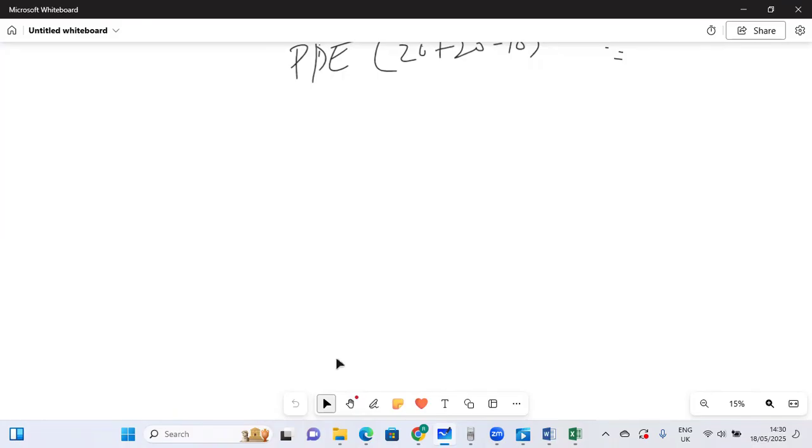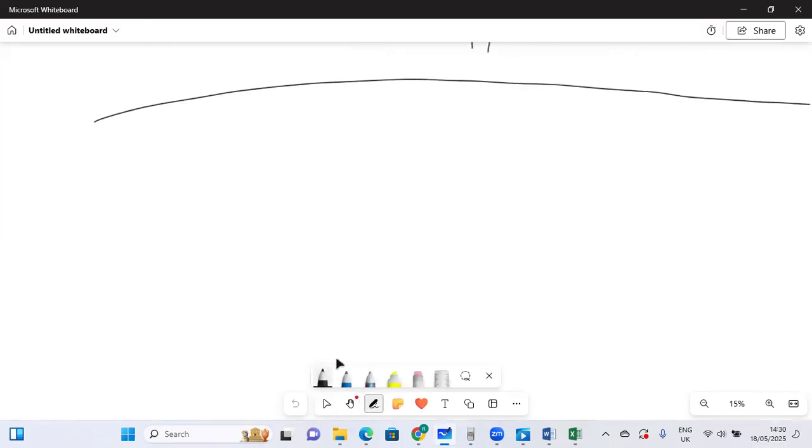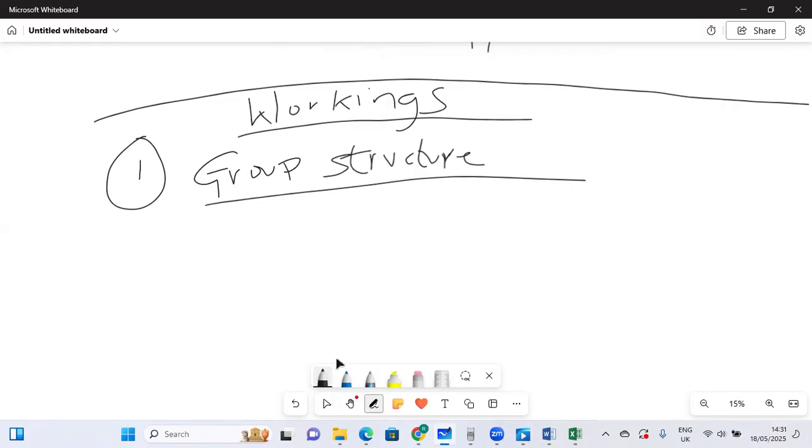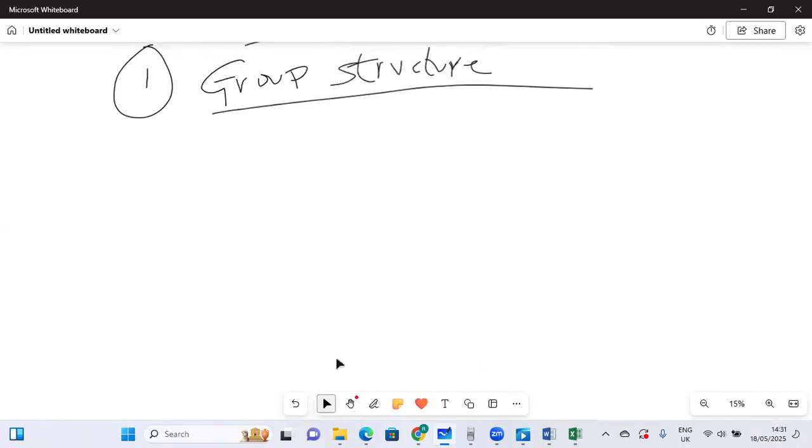So the workings, we would start with Workings one, our group structure. With this group structure, what we are just going to do here is to identify who is the parent, who is the subsidiary, and who is the associate, right?